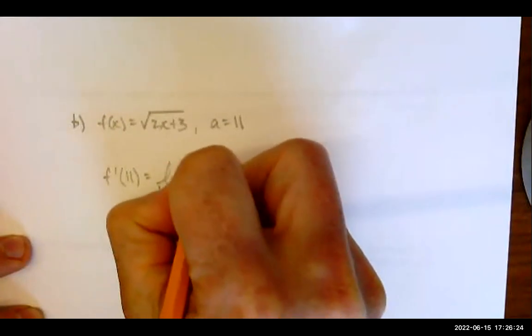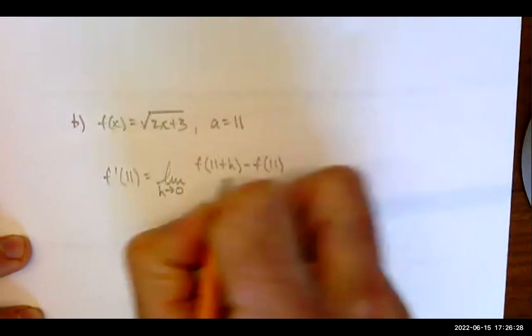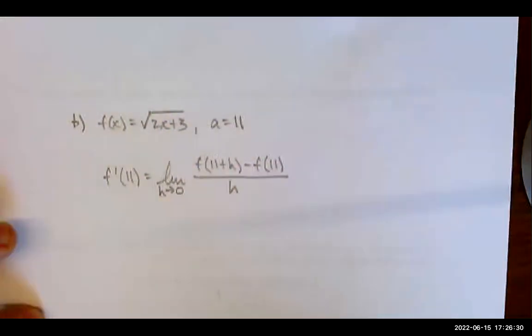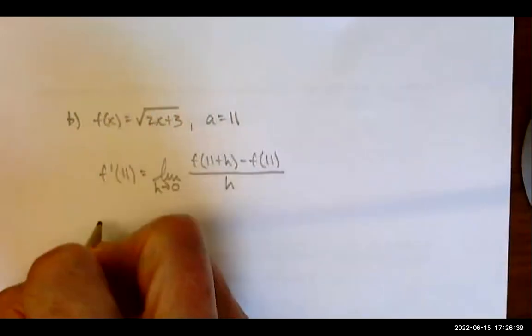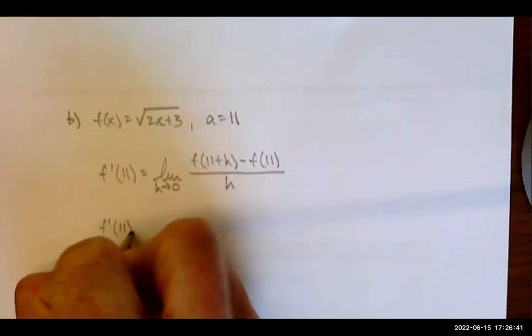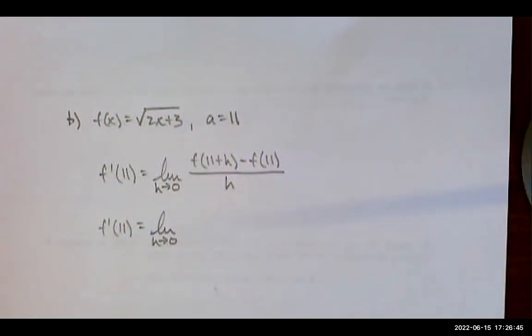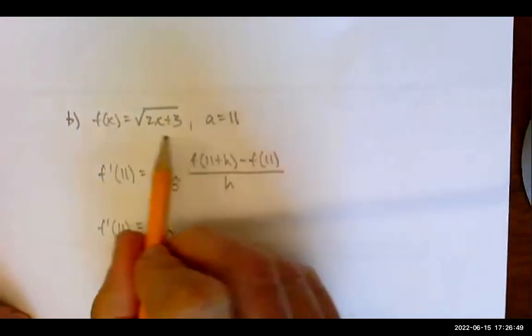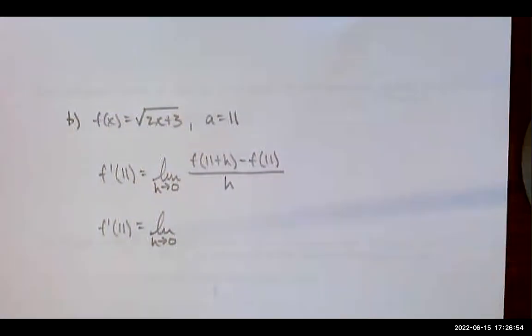Then we'll have f of 11 plus h minus f of 11 all over h. As we go about this, we're still going to have to use a conjugate, but let's see how this goes.